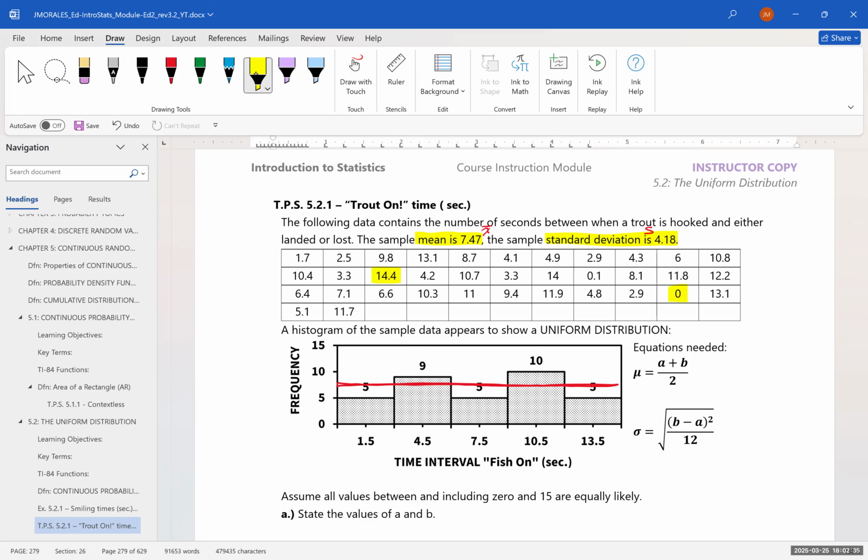So a fish maybe went up to get a fly and instantly was hooked. And then 14.4 seconds, maybe it took that long to hook the trout and then to actually land it, take a picture of it and put it back.